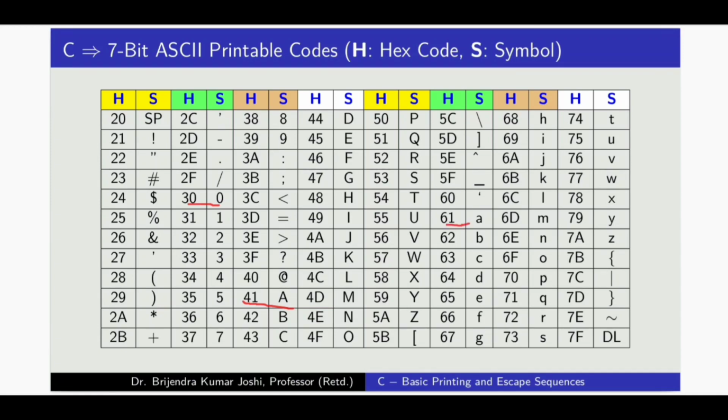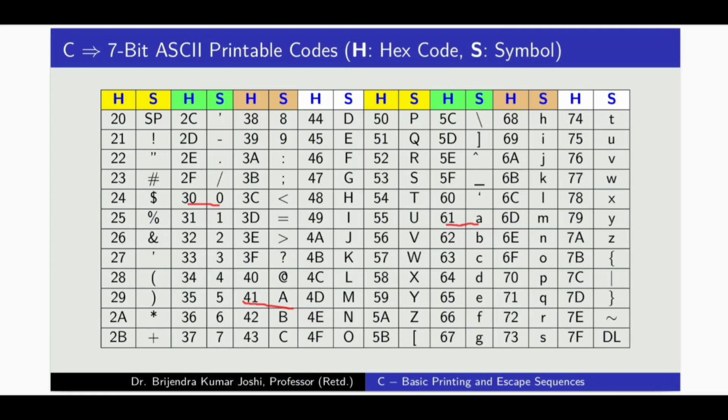So the decimal equivalent is 97 for lowercase, and here it is 65. Okay, so backslash has this ASCII code. If you want to print backslash, you can simply print the code corresponding to hexadecimal 5C. Sorry, it is not 68, it is 5C. 5C is the hexadecimal ASCII code for the backslash character.